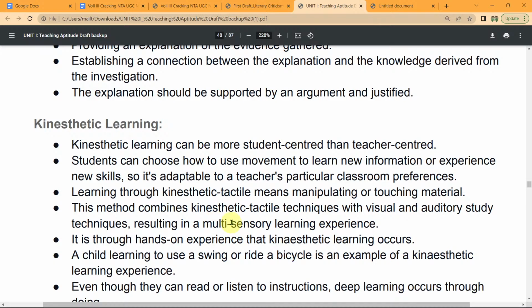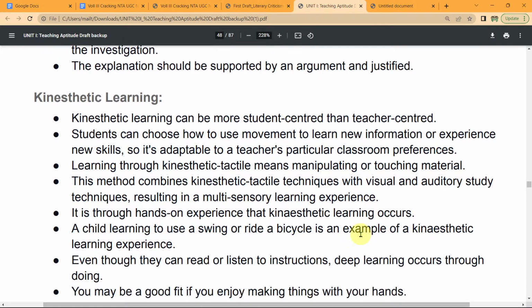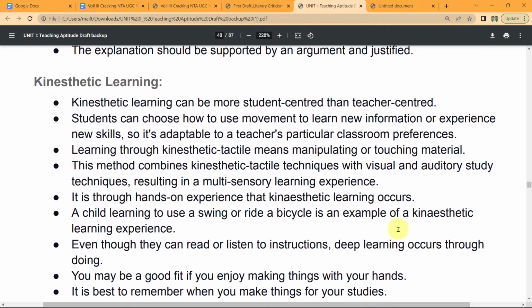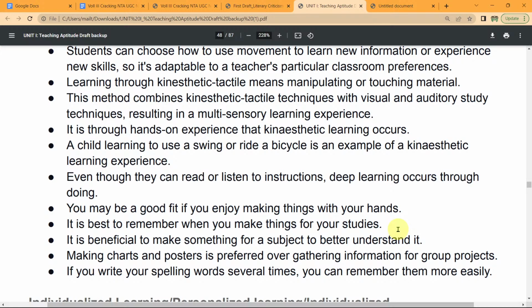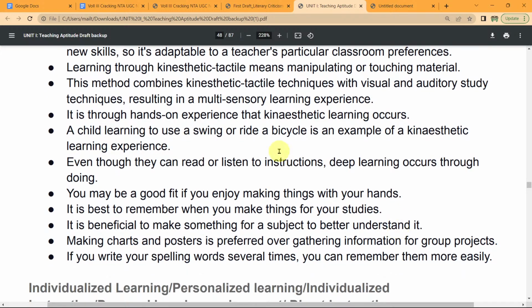And this method is again the kinesthetic tactile technique that they have asked about once, which works through sensory or touch, or through visual and auditory study techniques, resulting in a multi-sensory learning experience. I hope you got the kinesthetic learning process. Anyway, again here the word tactile, which we have already seen a question based on.